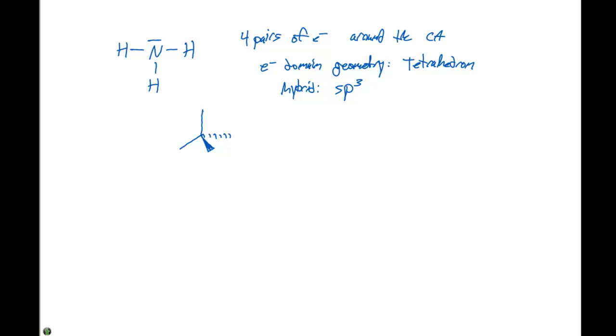Each of these bond angles right here is 109.5 degrees. So we are going to have a nitrogen atom in the center, and it's going to form 3 bonds to hydrogen atoms. So it's going to look something like this.